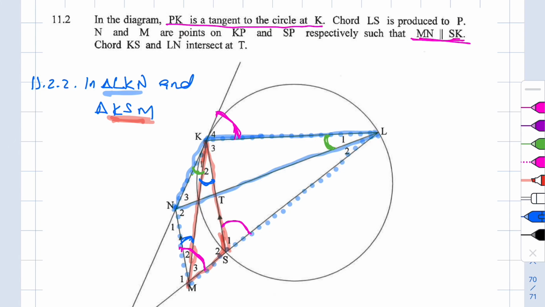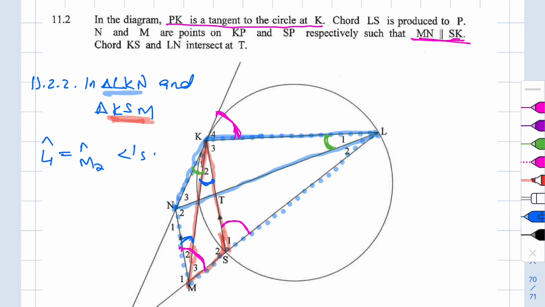So in those 2 triangles, which angles are going to be equal? From the blue triangle, angle L1 is going to be equal to which angle? It's going to be equal to angle K2. Why? L1 equal to M2. Reason, angles in the same segment. Remember, I've already proved that this shape is a cyclic quad. So now you can see the bow tie here. This angle equal to that. So we can say angle L1 is equal to angle M2.